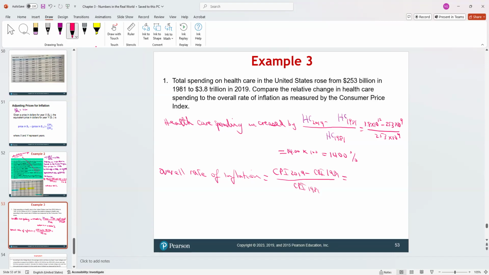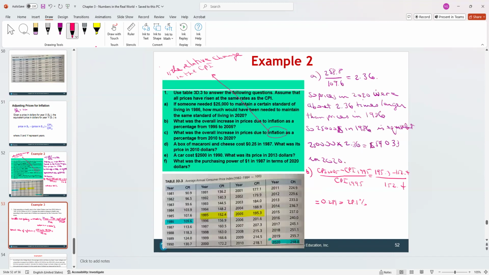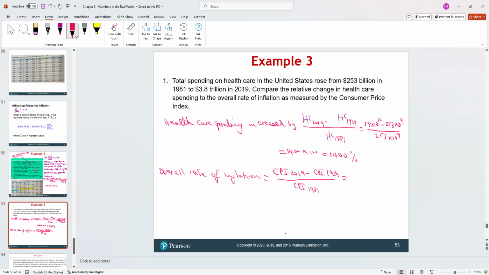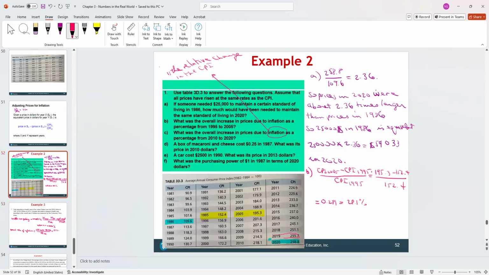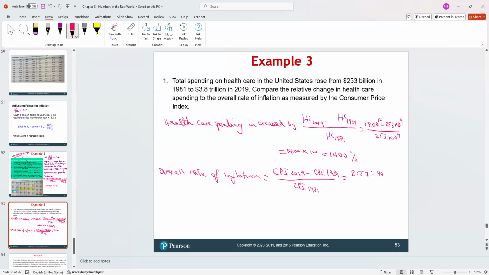So we're going to go to that beautiful table we have. Can you look for 2019 in this one? It is 255.7. 255.7 minus the 1981 value, 90.9, right? Over 90.9.